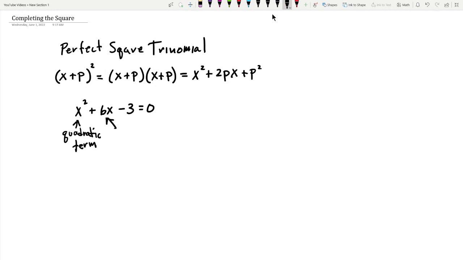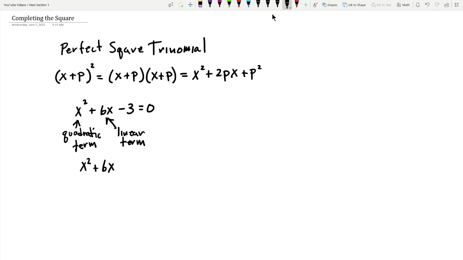This is the linear term. The -3 is the constant. I want to keep the quadratic term and the linear term on the left side of the equation and move the constant term over to the right. So that will give me x squared plus 6x.